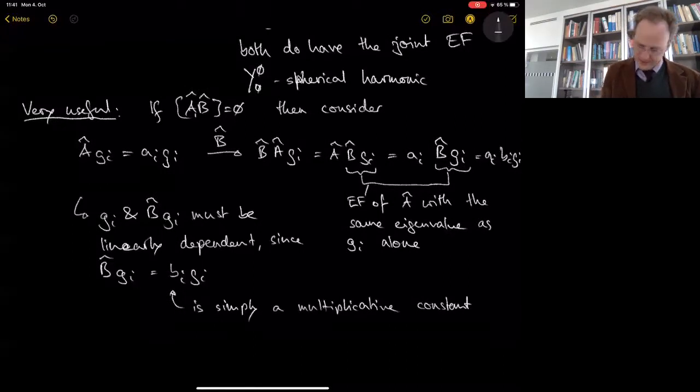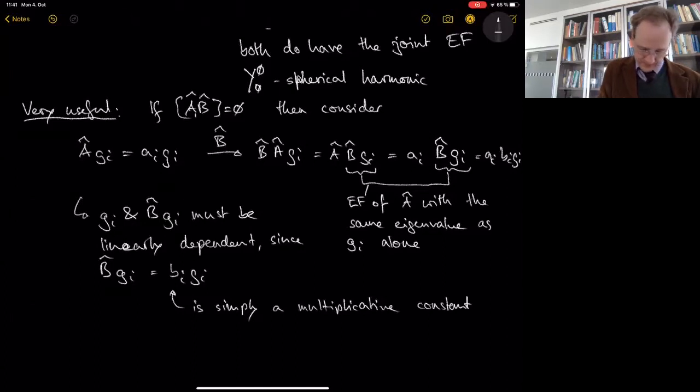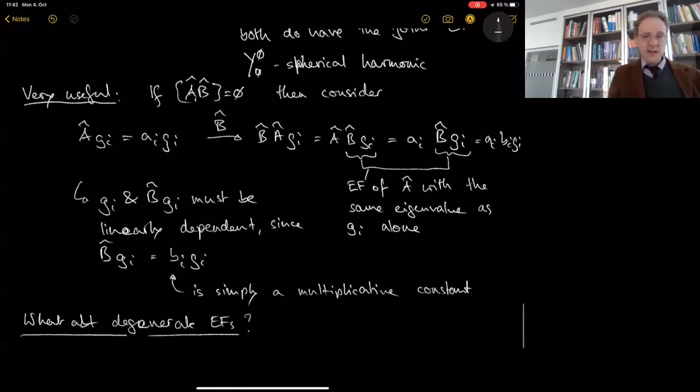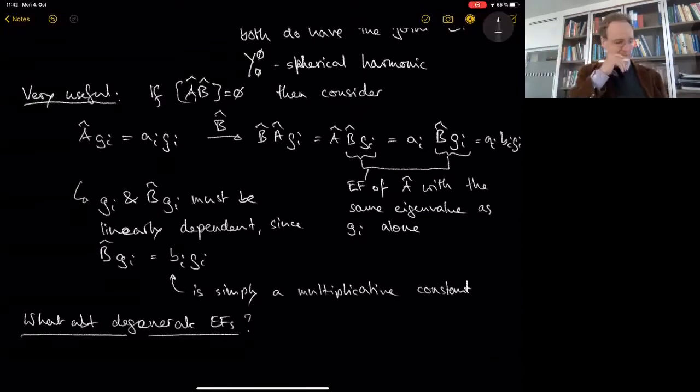One more remark here. What happens with degenerate eigenfunctions? It's similar to what I said in the end. You can also consider this degenerate case and expand again in the space of degenerate eigenfunctions.